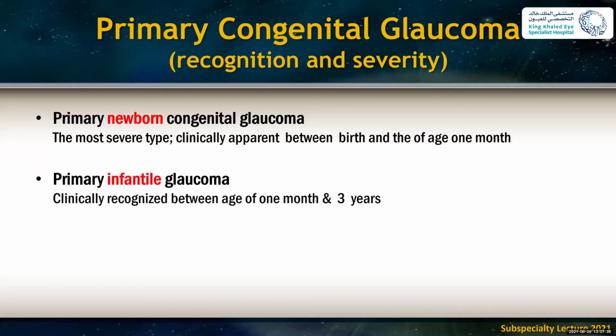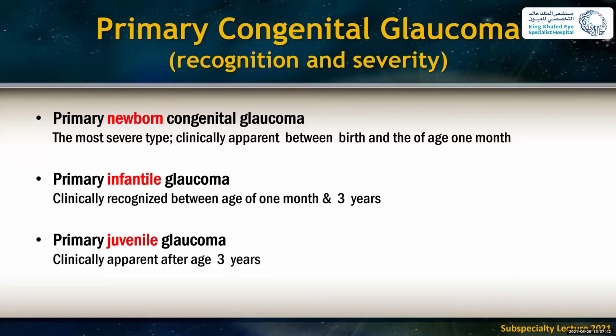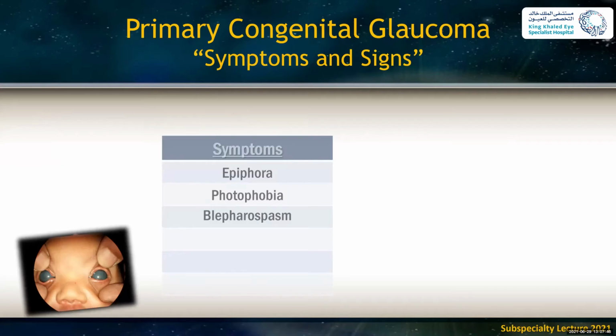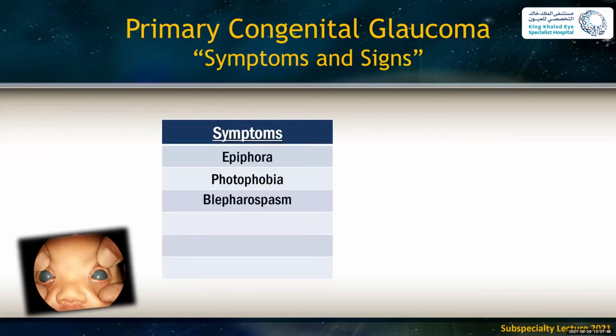This carries the best prognosis and is usually diagnosed between the age of 1 month and 3 years. And then comes the primary juvenile glaucoma, which is diagnosed after 3 years of age. Some will even say after 2 years of age.